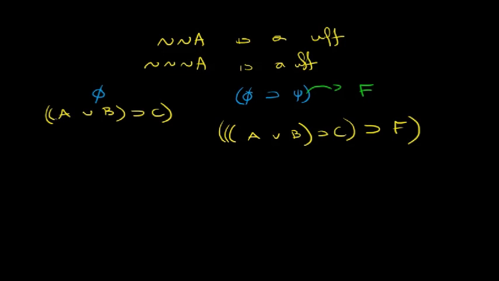Right, we've got phi standing for A or B, then C. That's this bit here. We need outer brackets, so here those are. And we've got then psi, and we said that psi in here stood for F.